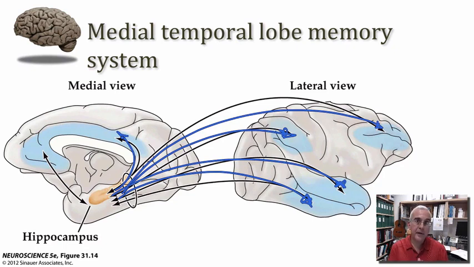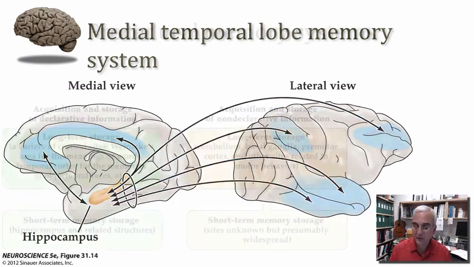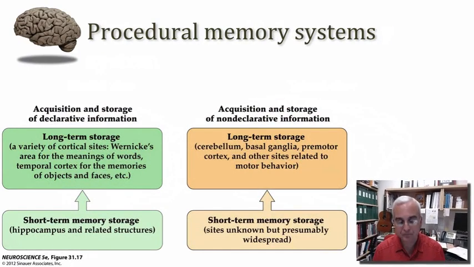Well, what's been fascinating to discover about people that have had damage to the hippocampal system is that they retain memories that we might categorize as non-declarative or procedural. And that's sufficient evidence to think that there are different brain systems outside of the medial temporal lobe that mediate procedural memories. So let's turn our attention there now.